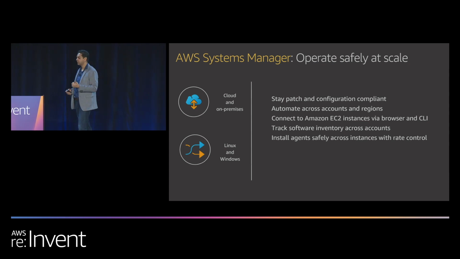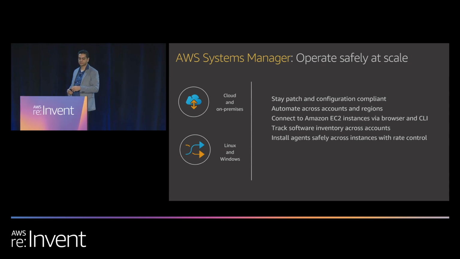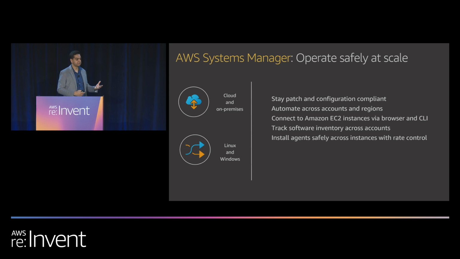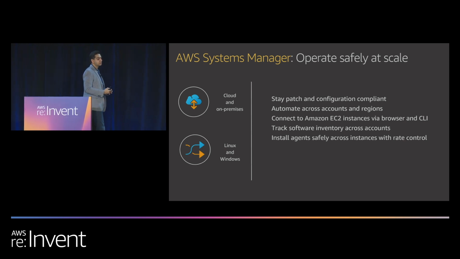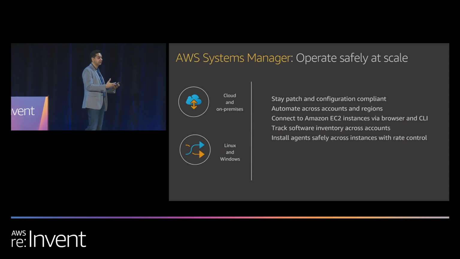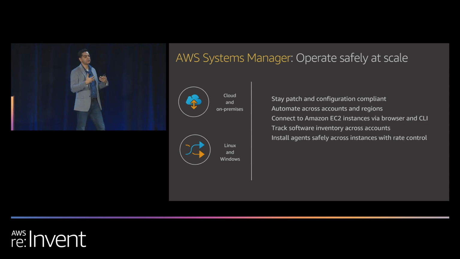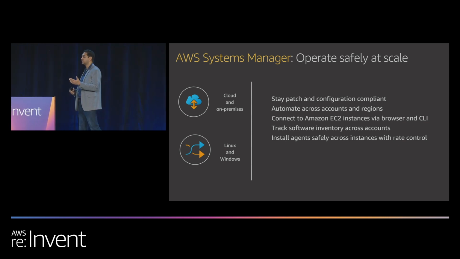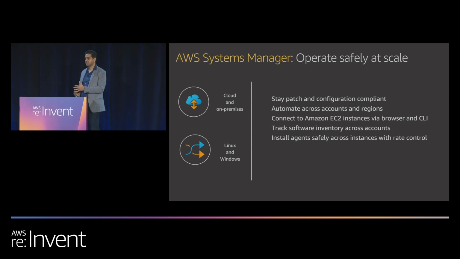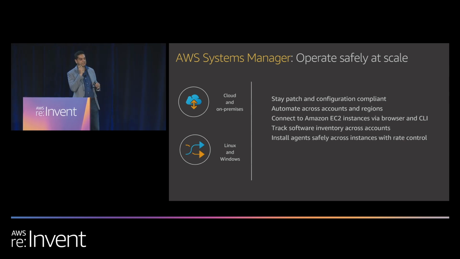The other thing that we have been innovating over the last 3 or 4 years on is AWS Systems Manager. This allows you to look at the health of your instances. It allows you to look at the software that's running on EC2 instances and make sure that it's in that state that you would want it to be. AWS Systems Manager also supports on-prem deployments, where it will give you an agent.